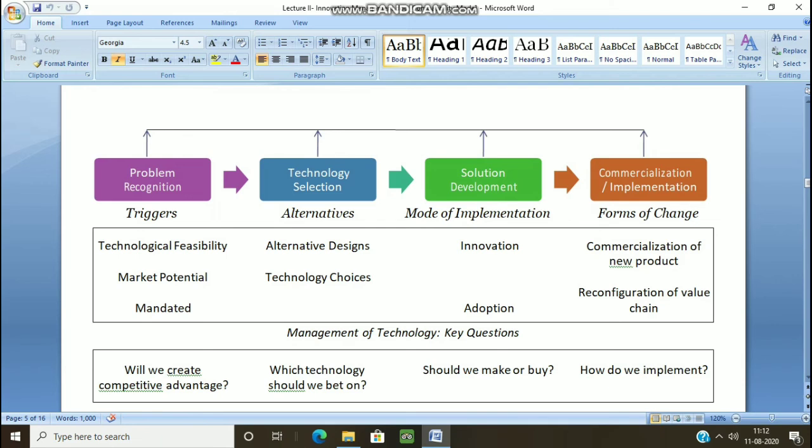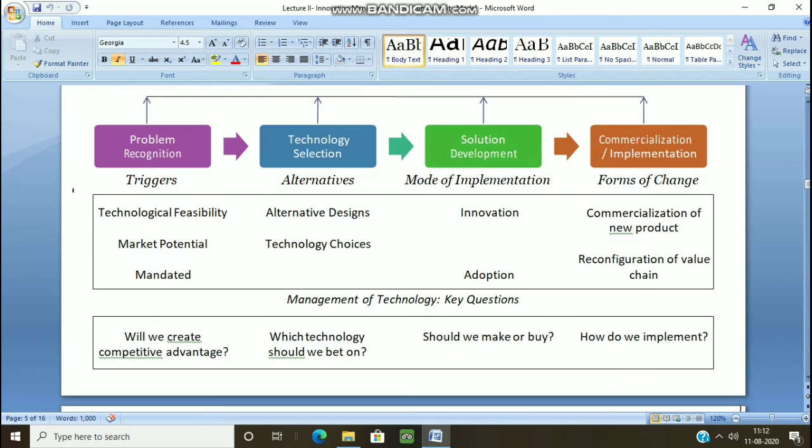Fourth point is commercialization and implementation. Forms of the change, right? Commercialization of the new product. In an earlier video we discussed the transistor, first discovered in America and commercialized by a Japanese company. So commercialization of new product, reconfiguration of the value chain.